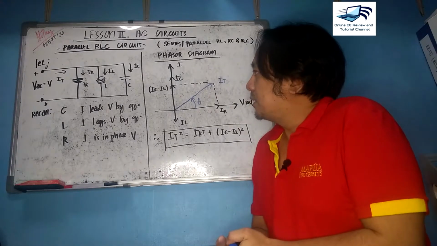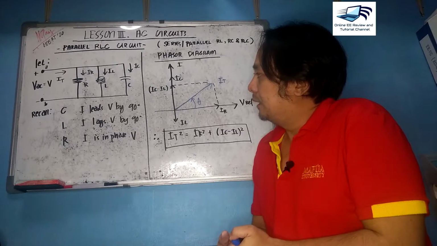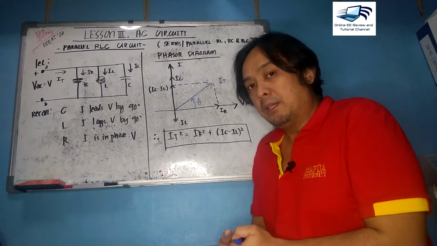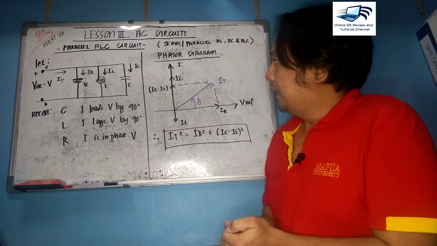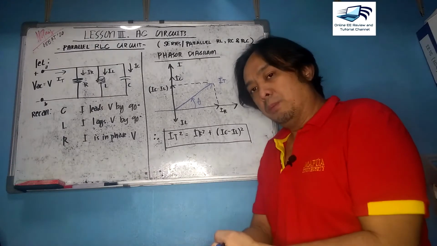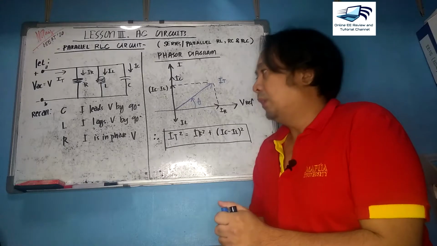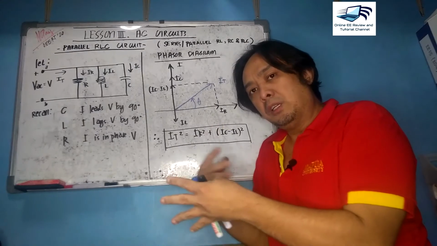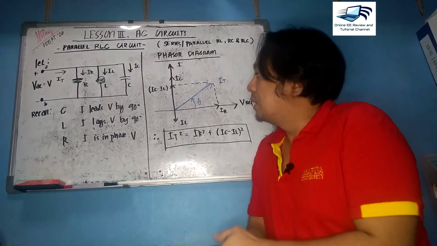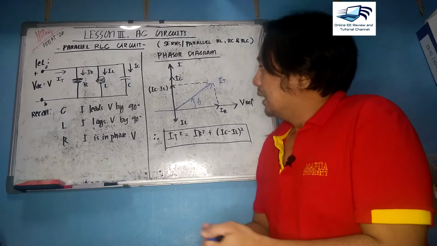Now we will discuss the relationships of R, L, and C, and we must develop an important equation as well in terms of the total current. And here you can see the behavior and relationships of the components.